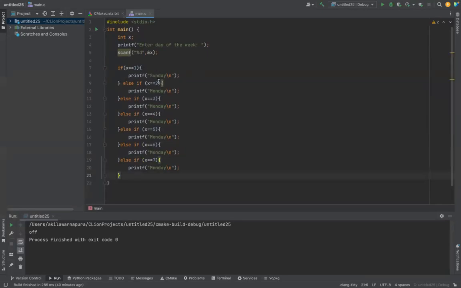If x equal 1, Sunday; 2, Monday; 3, Tuesday; 4, Wednesday; 5, Thursday; 6, Friday; 7, Saturday. If the x value is not equal to any of these cases, the last part is the else. In such a situation, you can provide invalid day.